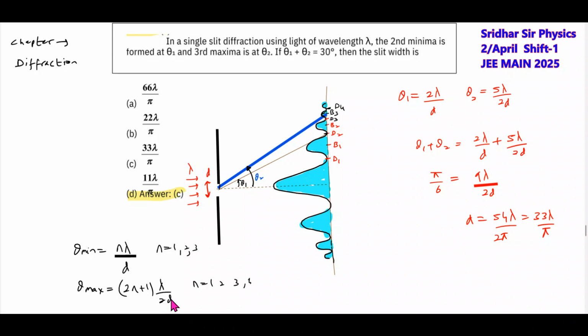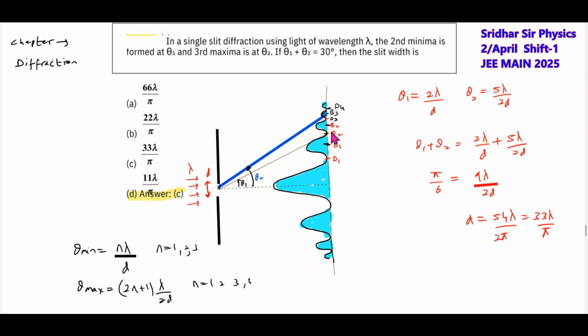So first maxima here will be 3 lambda by 2. Second maxima, this will be 5 lambda by 2. Third will be 7 lambda by 2. Okay, fine. Second minima will be how much? 2 lambda by 2.